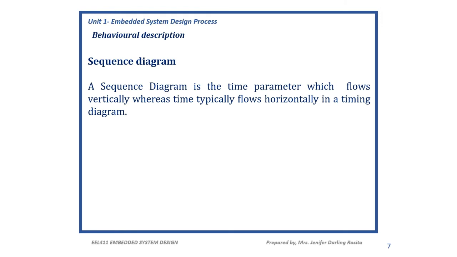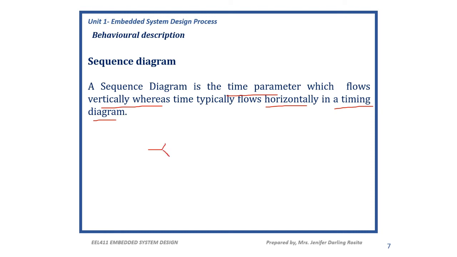So till now we were seeing the state diagram. The next one is called the sequence diagram. In a sequence diagram the time parameter flows vertically, whereas time typically flows horizontally in a timing diagram. I think in microprocessor-based systems you might have learned timing diagrams, how a timing diagram looks.